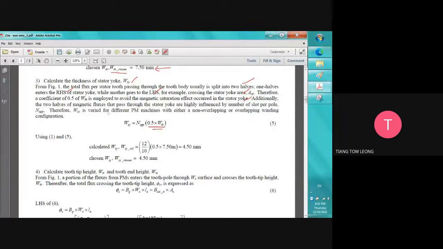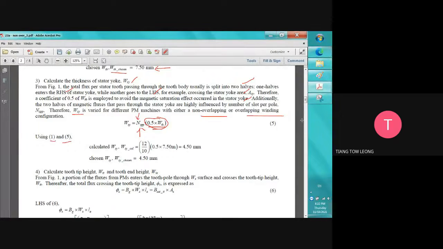Additionally, the two halves of the magnetic flux passing through the stator yoke are highly influenced by the number of slots per pole. So at the top we already calculated it, then we just put the value here. WSY varies for different PM machines with either non-overlapping or overlapping winding configuration.